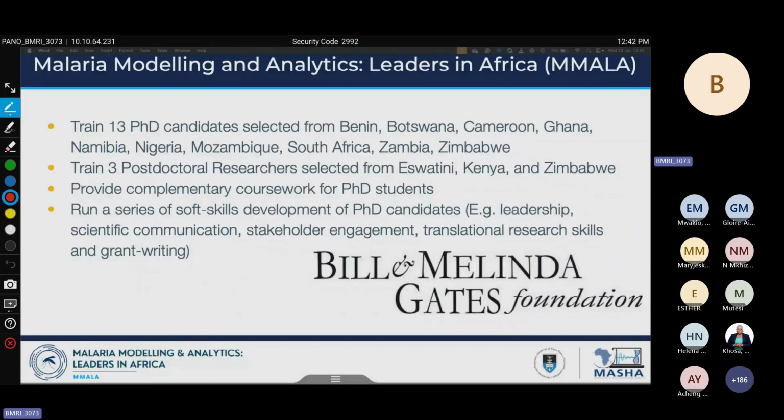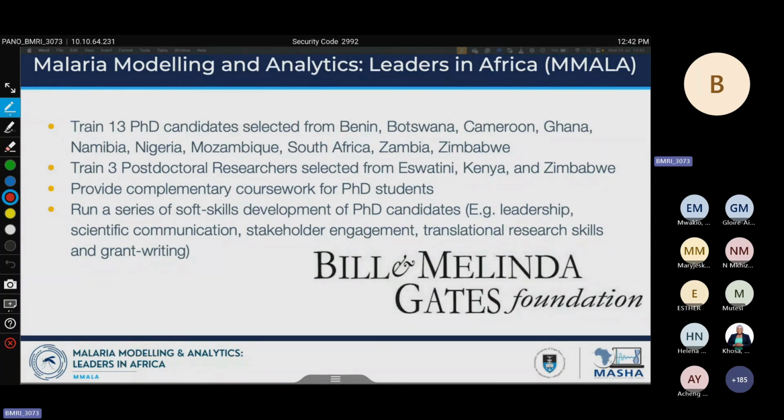So with that, we are in the middle of a Bill and Melinda Gates Foundation grant to build modeling capacity. We're currently training 13 African PhD candidates in modeling. And these candidates are from a number of countries. In fact, with the postdocs we're training, we are looking at over 11 African countries.